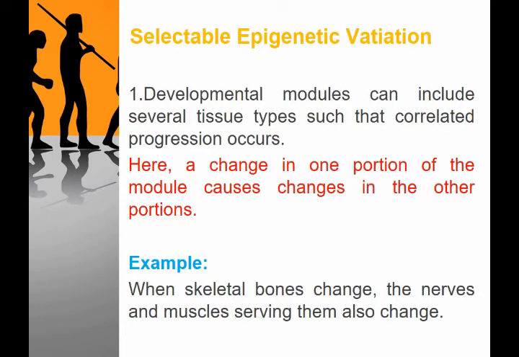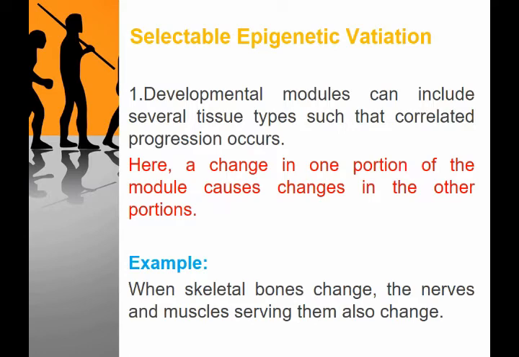The next is selectable epigenetic variation. In this topic, I have two important points that explain selectable epigenetic variation. The first one: developmental models can include several tissue types, so correlated progression occurs. Here, a change in one portion of the model causes changes in the other portion.